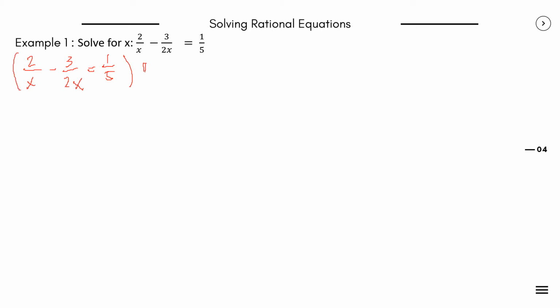So, ano LCD nila? The LCD is a number or term that we can divide on those three denominators. Maghanap ka ng term or number na pwede natin i-divide sa x, 2x, and 5. The LCD of these three is going to be 10x.